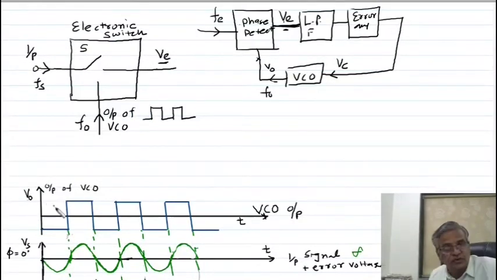In this diagram, VO is the output of the VCO, and this is the input signal.